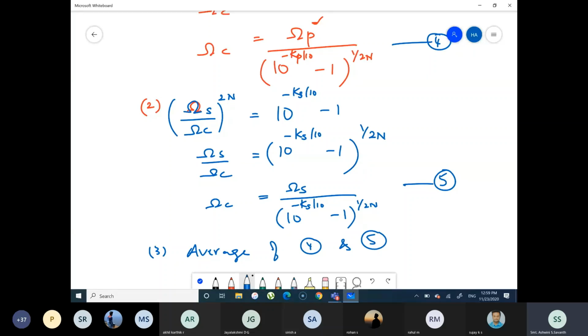You'll have to calculate omega c with equation 4, again omega c with equation 5, and take the average of the two. That is the third option. Usually we don't make it this complex. If it is not specified in the problem, we just use equation 4 to calculate the cutoff frequency using the passband characteristics or the passband edge frequency.